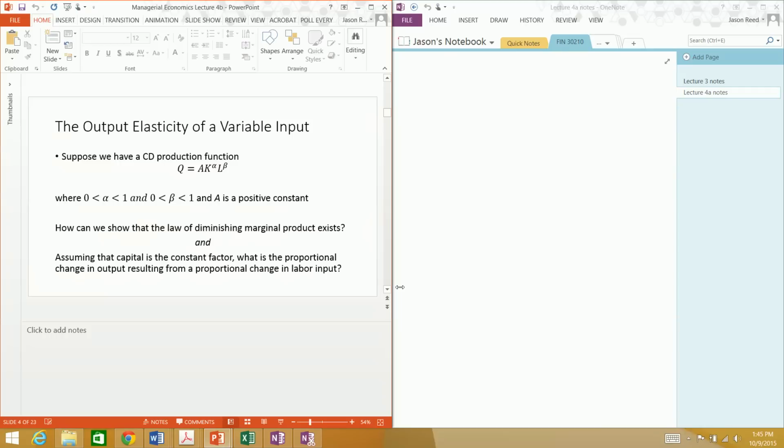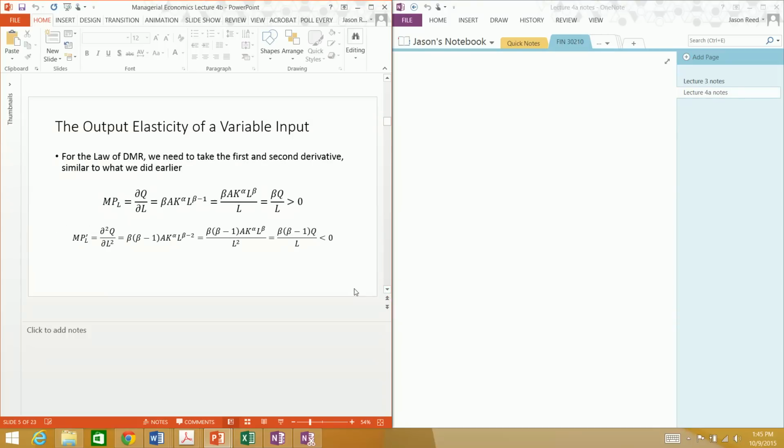That A is going to be a positive constant. And out of this, now we're able to show how the law of diminishing marginal product exists. We're also able to show what is the proportional change in output resulting from a proportional change in labor input.